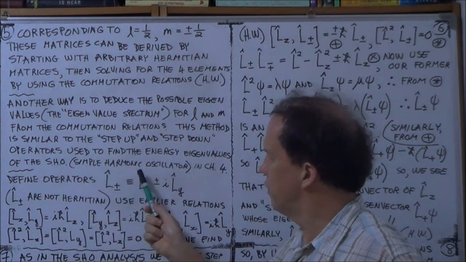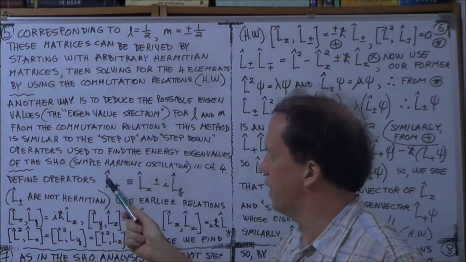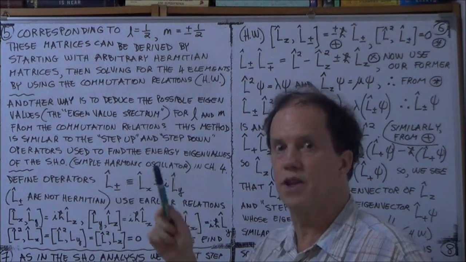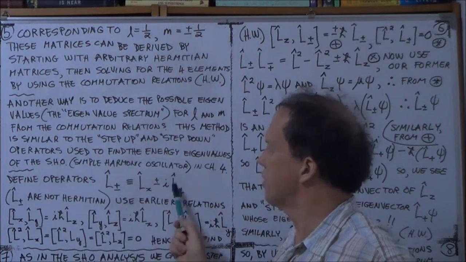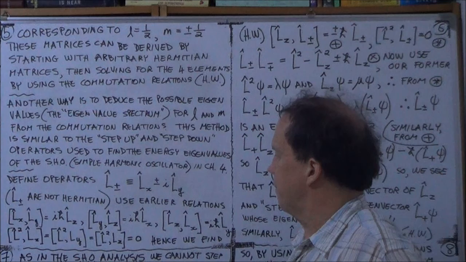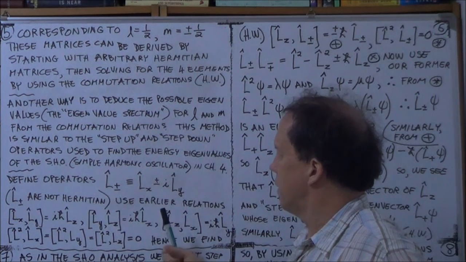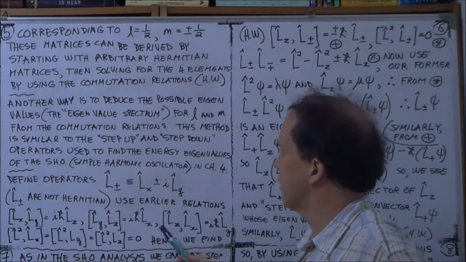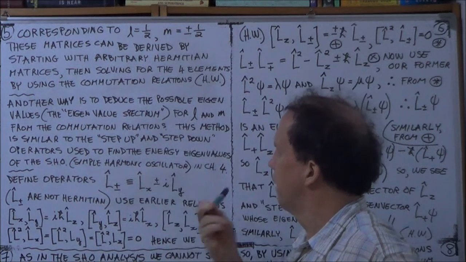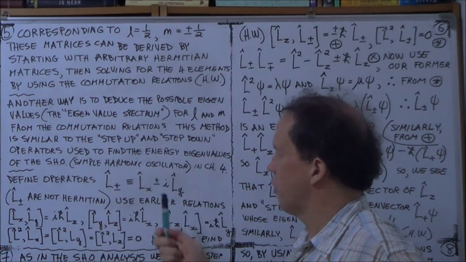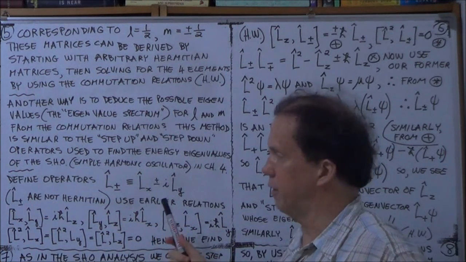So don't be confused by these hats. These are not the old hats of differential operators. These are now matrices. But we don't know what they are yet. That's the whole point of the exercise. We're going to find what they are by calculating their eigenvalues.